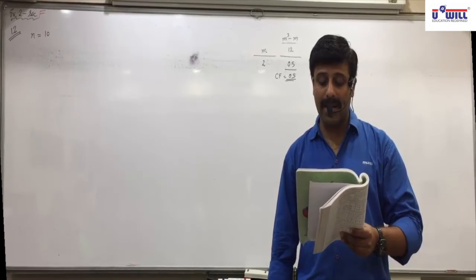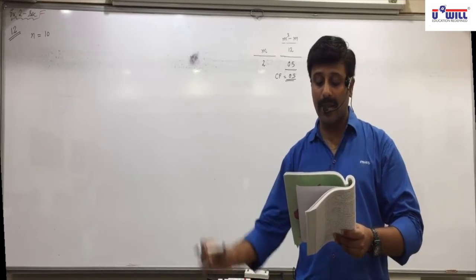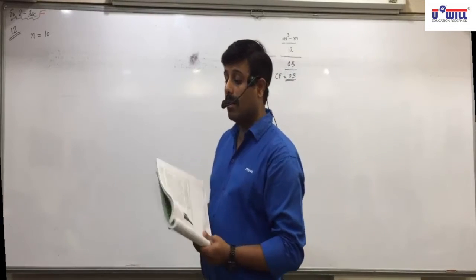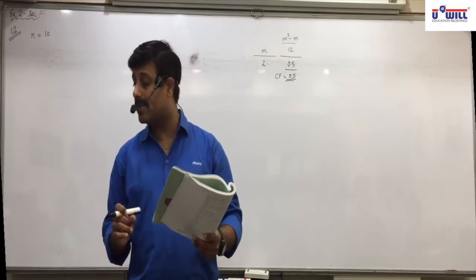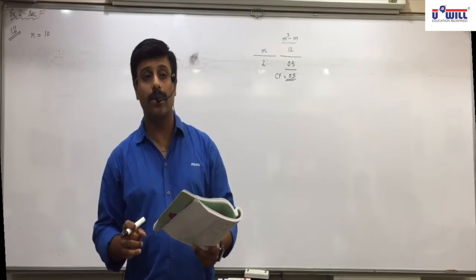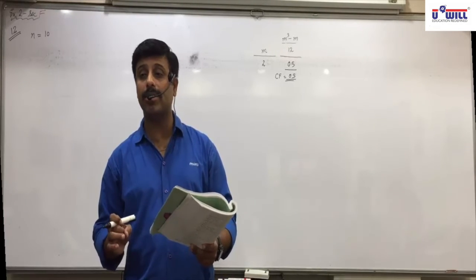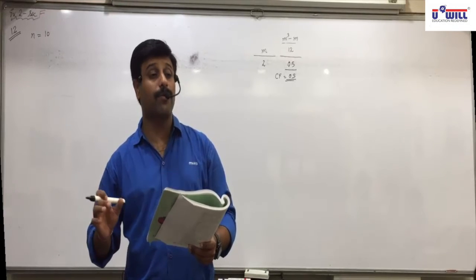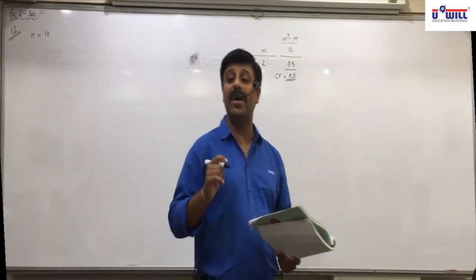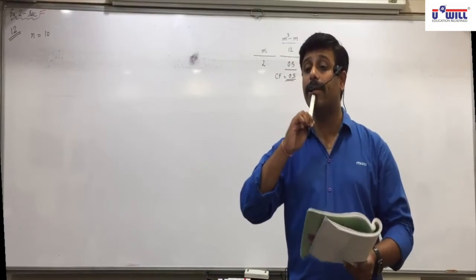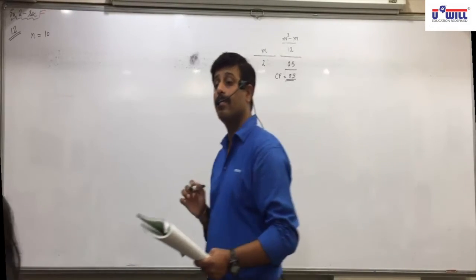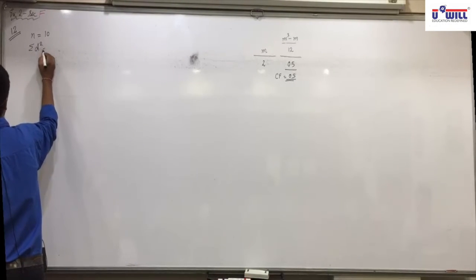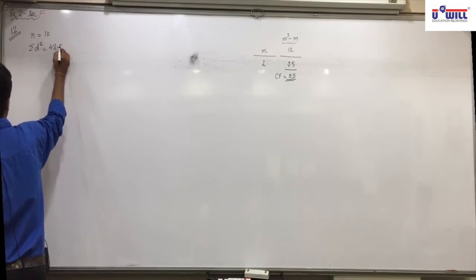There is a misprint, make it sum of squares of difference in ranks. Insert the word difference in ranks. Shall I repeat the correction? Now sum of squares of difference in ranks was found to be 42.5. So sum of squares of difference in ranks means sigma d square is 42.5.